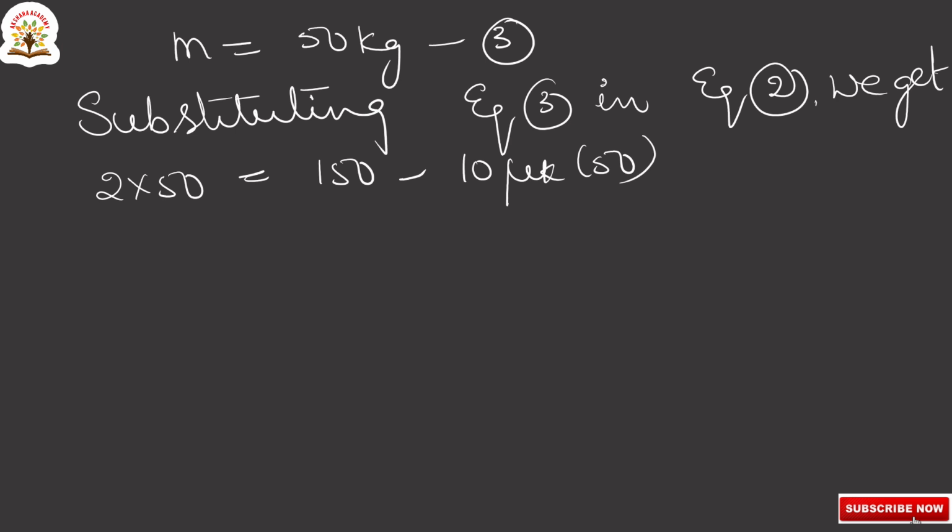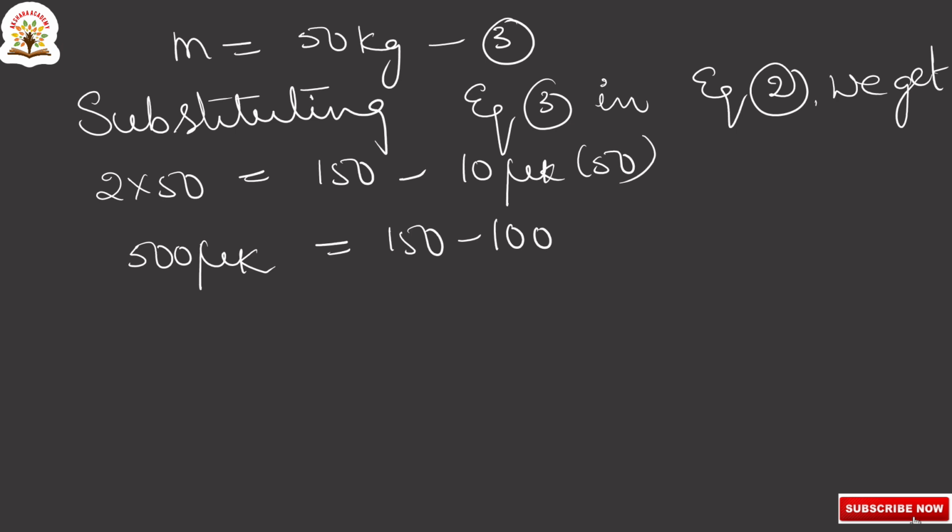So 50 into 10 is 500. So 500 mu k equals 150 minus 100, as the term moves to this side, plus becomes minus.